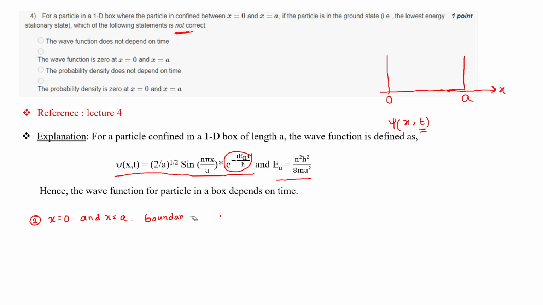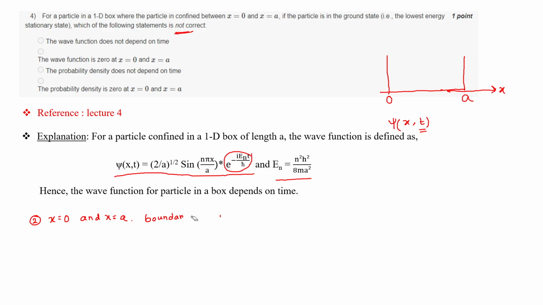Psi x is 0 for x equals 0 and x equals a. That is, here psi value is 0, and here psi value is 0.